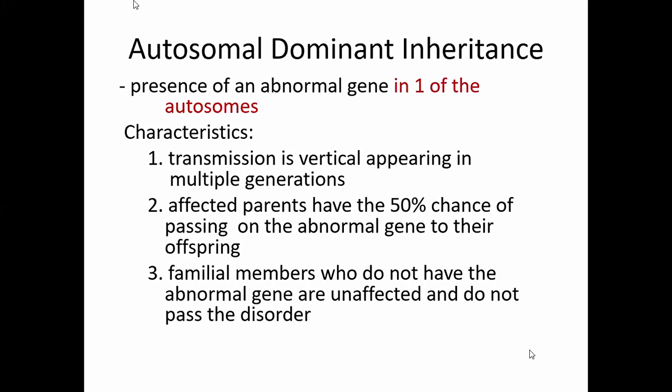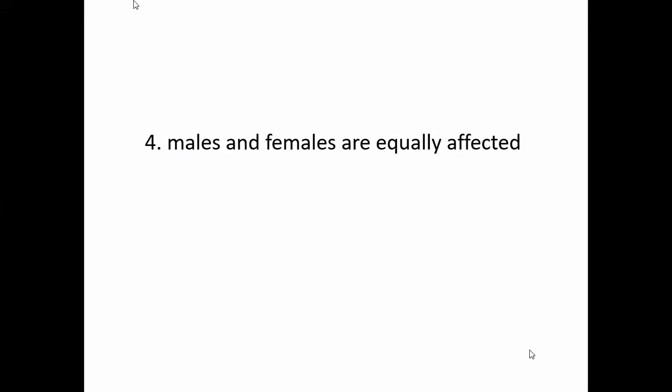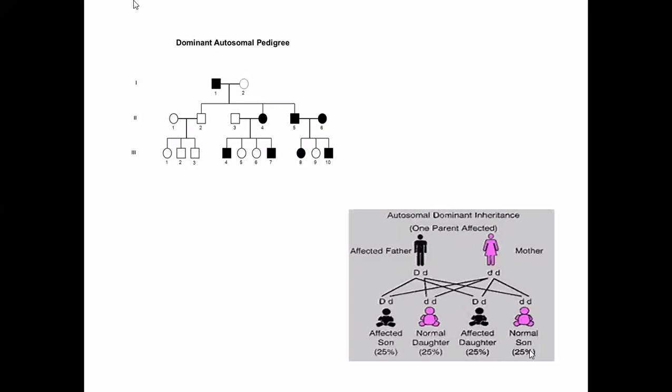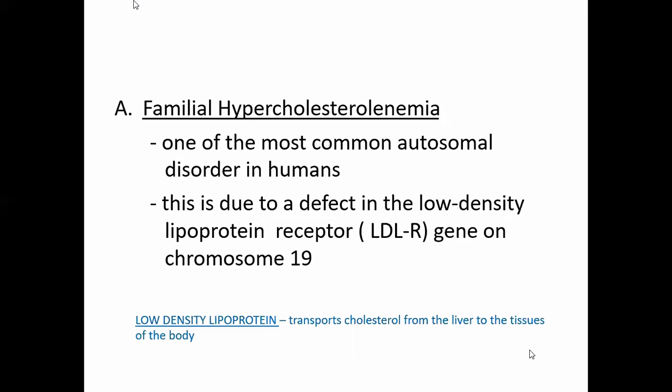Like earlier, only the father is affected, the mother is not, so the mother cannot pass on the gene. Males and females are equally affected. This is the pedigree, with one parent affected. I hope you understood the illustration.